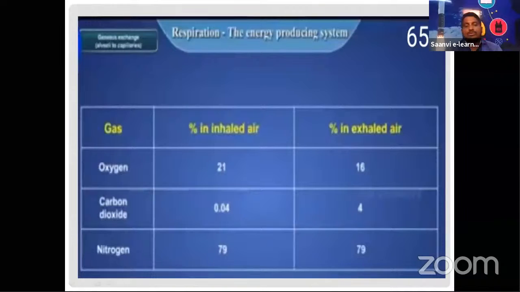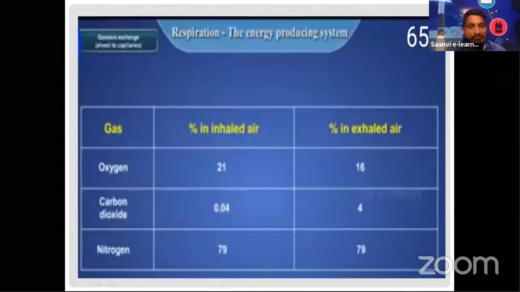Oxygen percentage in inhaled air is 21, what about exhaled air? 16. Carbon dioxide percentage in inhaled air is 0.04%, percentage in exhaled air 4%. What about nitrogen? 79% in inhaled air and in exhaled air 79% as it is.